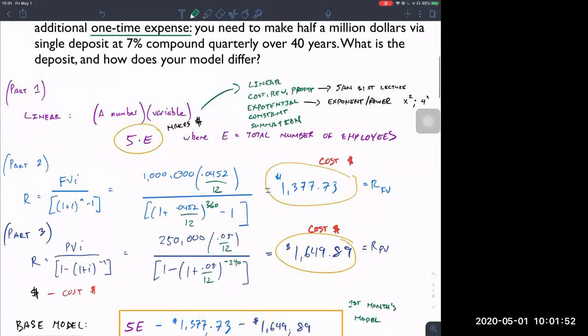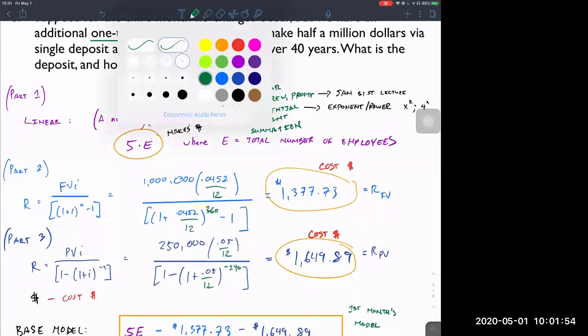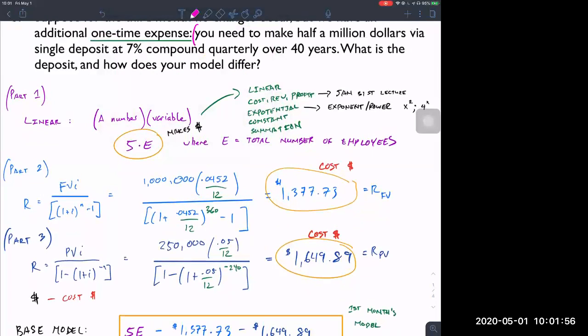So when you read this sentence in the pink parentheses, what kind of problem is that? It's the future value. And you're trying to find the recurring payment?